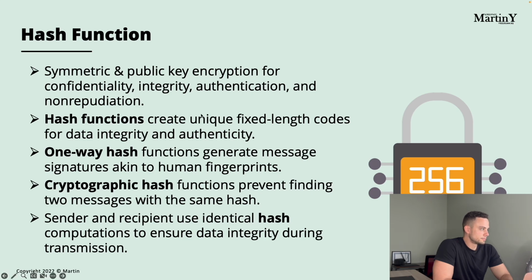Okay, so first of all, both encryption algorithms and hashing algorithms are breaking down a message into a code that you cannot understand. Both of them are doing that. The difference is that hashing is irreversible.